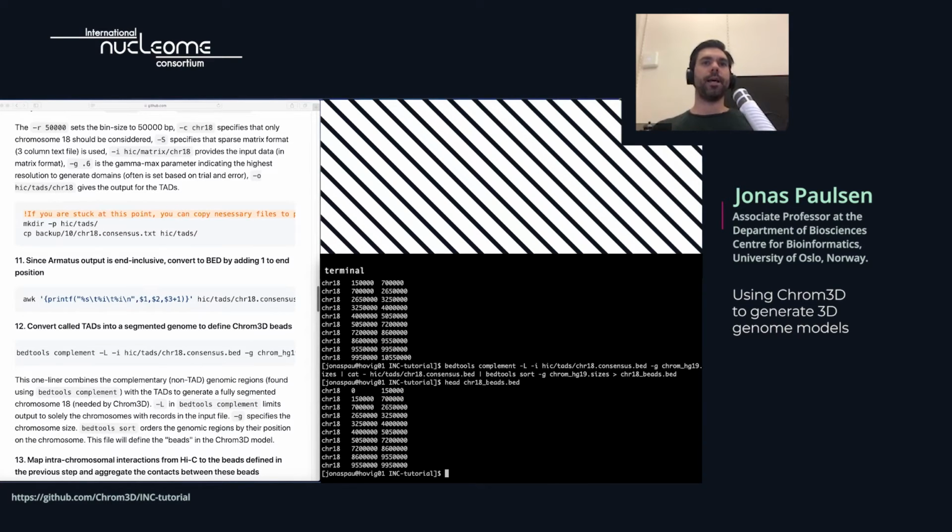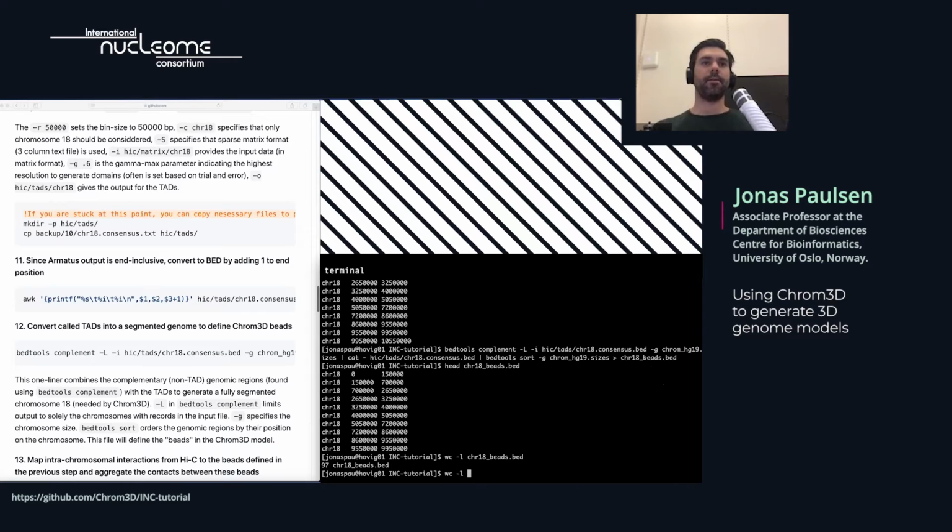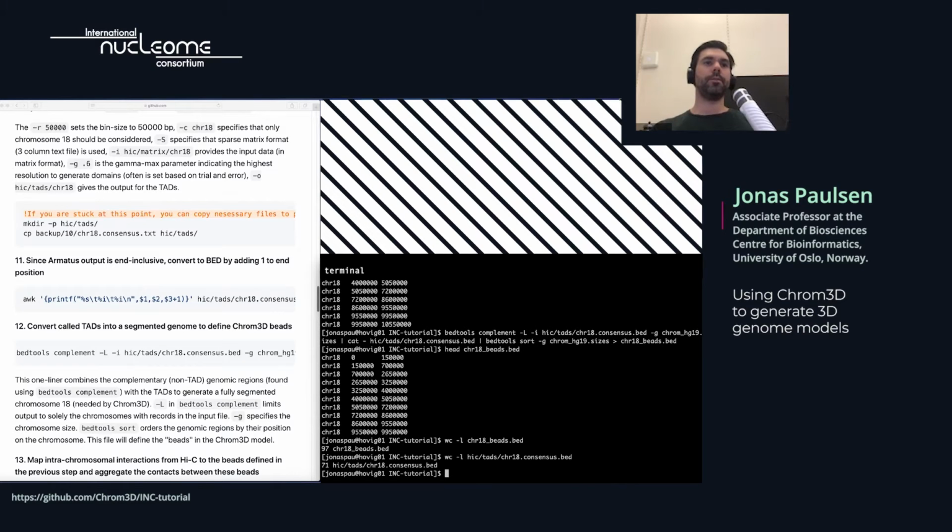And you don't have to do this, I'll just show you how many beads we have compared to how many TADs are on the chromosome. You can see that we have 97 beads, but there were only 71 TADs called from Armatus. So it just fills in all the gaps. So we have a fully segmented chromosome 18 in this case.